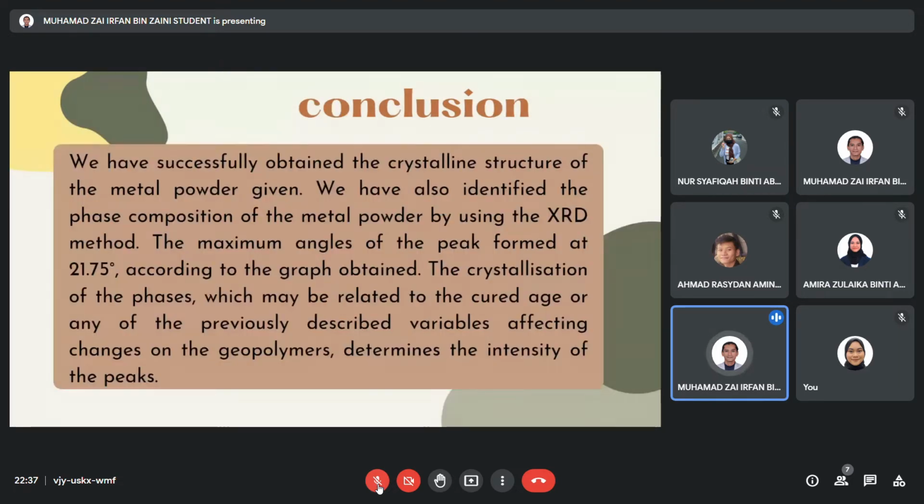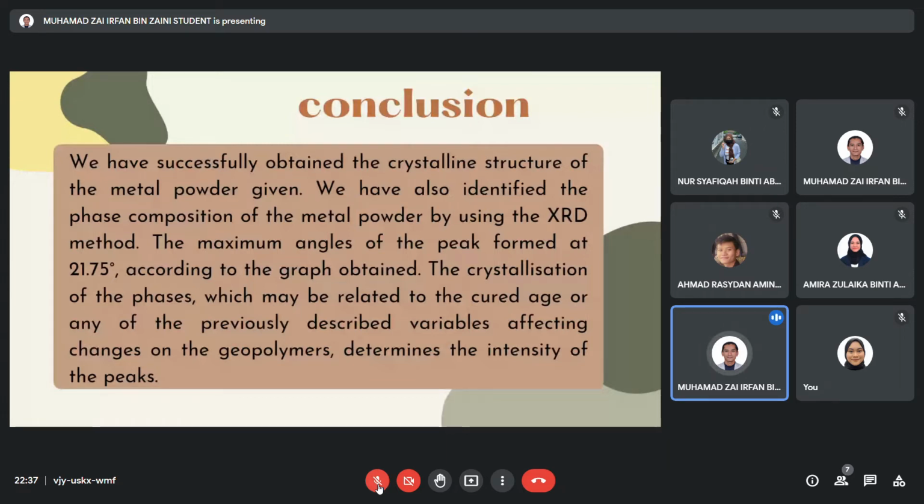So for the conclusion, we have successfully obtained the crystalline structure of the metal powder given. We have also identified the phase composition of the metal powder by using the XRD method.